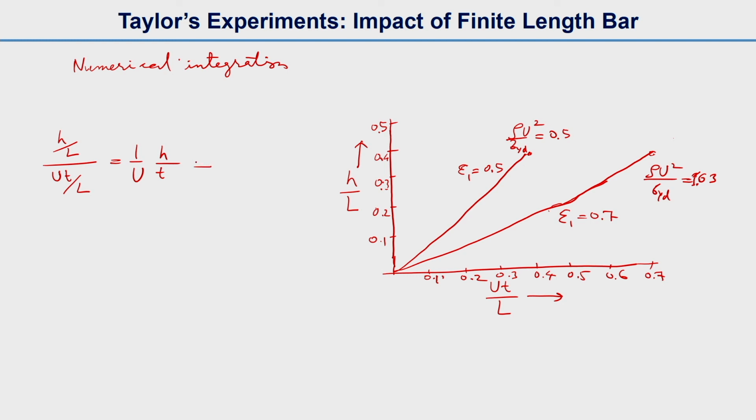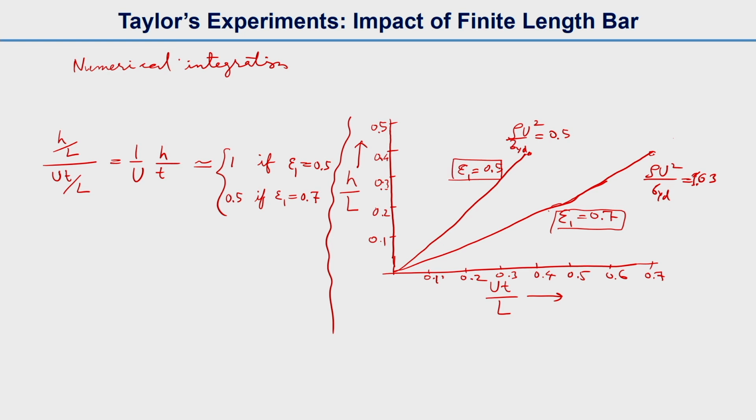This will be close to 1 if strain epsilon 1 is equal to 0.5, and it will be 0.5 if epsilon 1 equal to 0.7. So here we can see these two plots in the same curve.